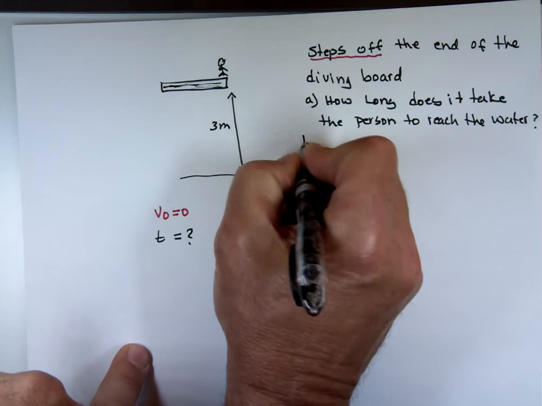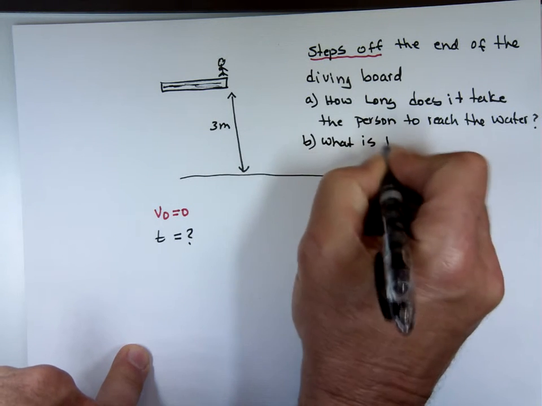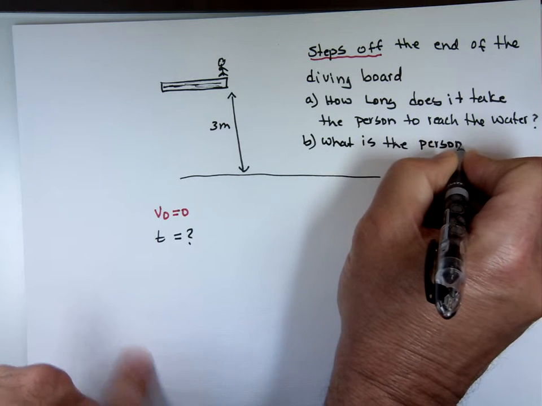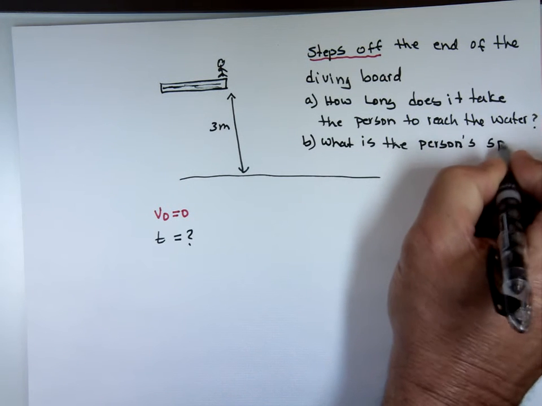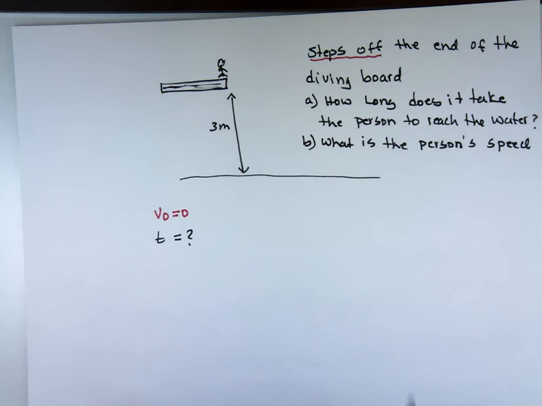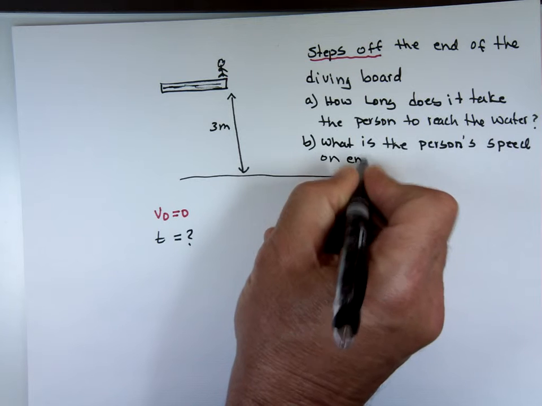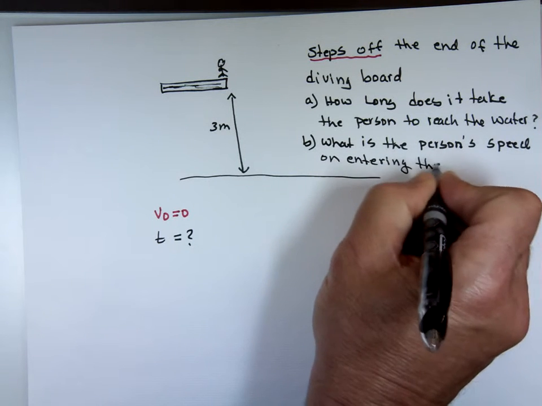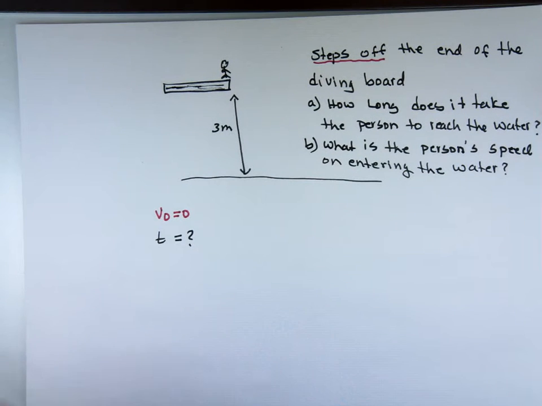And maybe part B, what is the person's speed on entering the water? They said speed. They don't care about the direction. We know it's coming down.